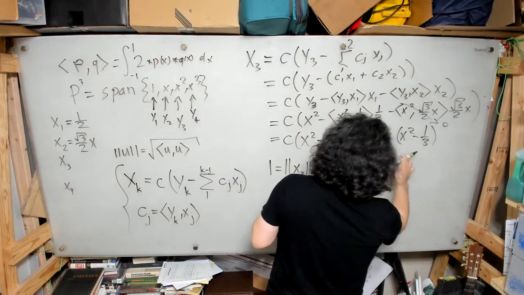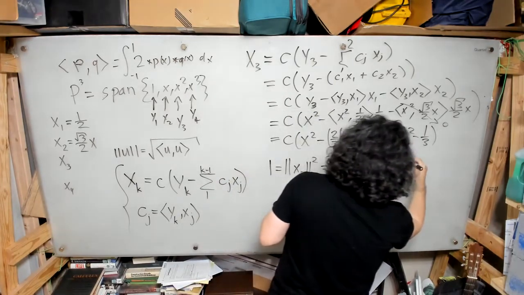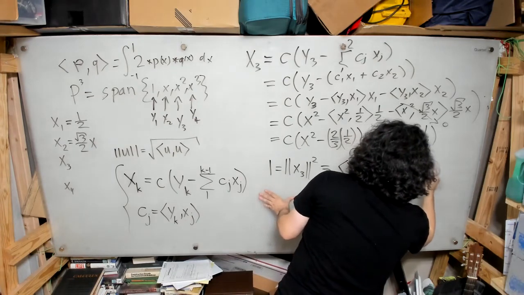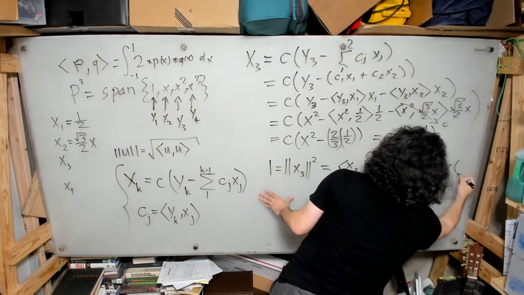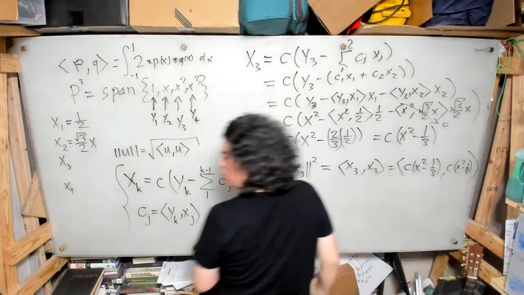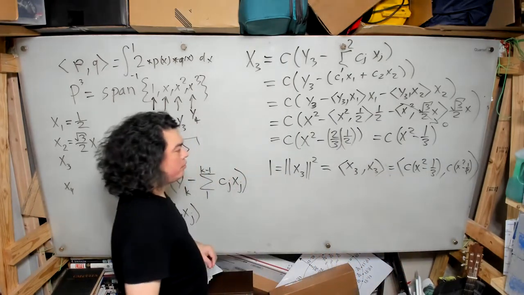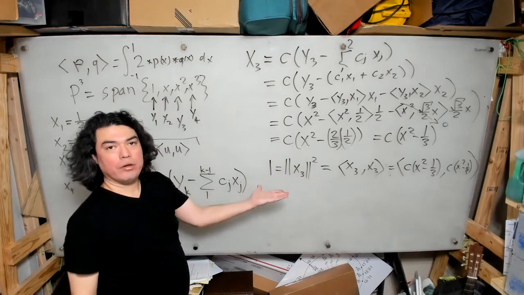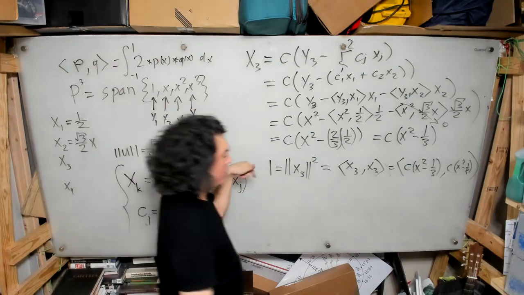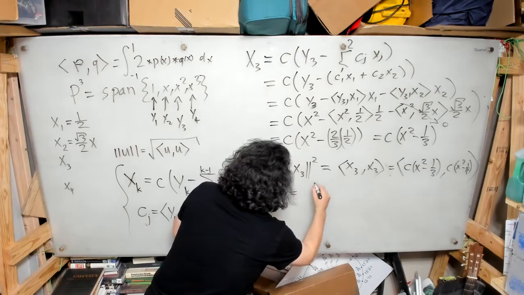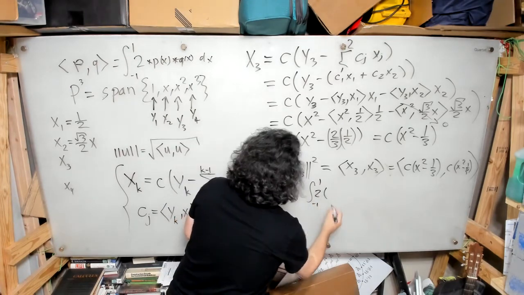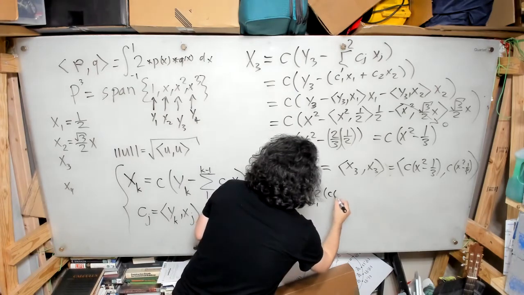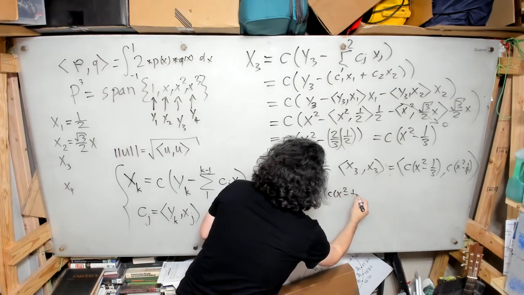In other words, I'm going to take the inner product of c(x squared minus 1/3) with c(x squared minus 1/3), like that. Now, how do I do that? Well, I have my inner product formula of this inner product space. So it's going to be the integral from -1 to 1 of 2 times my p. What is my p of x? It is c times (x squared minus 1/3).